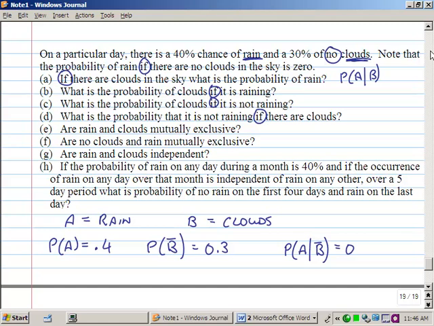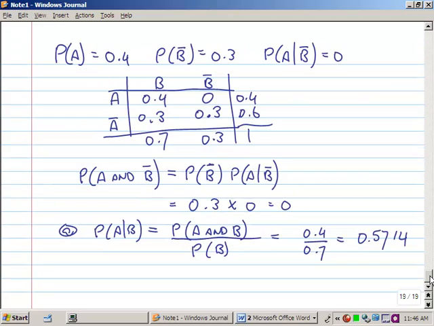Part B: what is the probability of clouds if it is raining? The probability of clouds, B, given that it is raining, so B given A. Again, write down a formula that incorporates that.